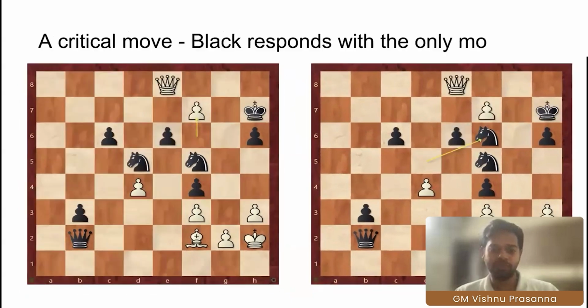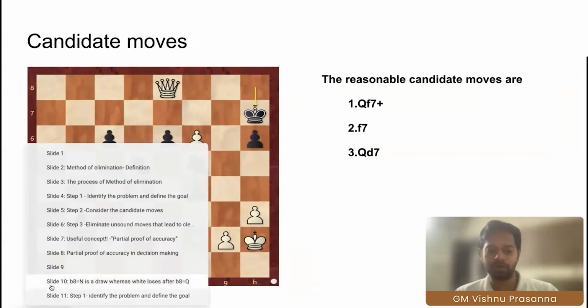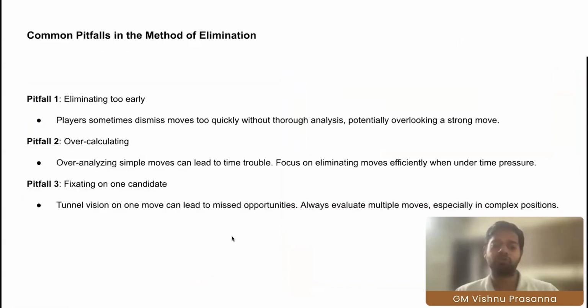So impulsively, if you play f7, you lose half a point, right? So black will be able to make a draw. And one other thing is not considering enough candidate moves, only calculating one move and deciding on that. That is another problem. That is a tunnel vision you have, right? So you'll have to learn to look at more candidates.